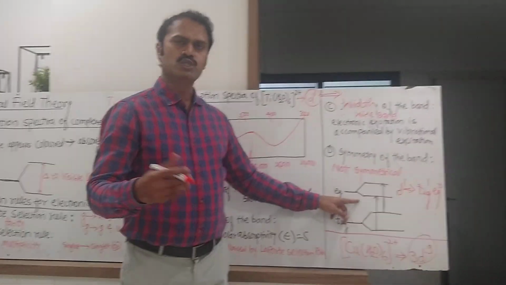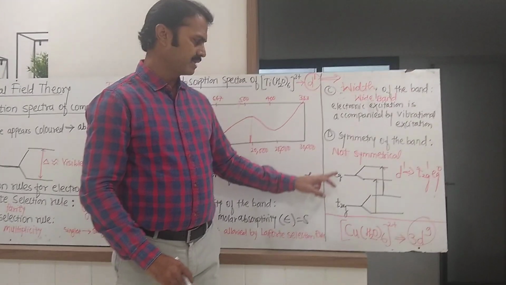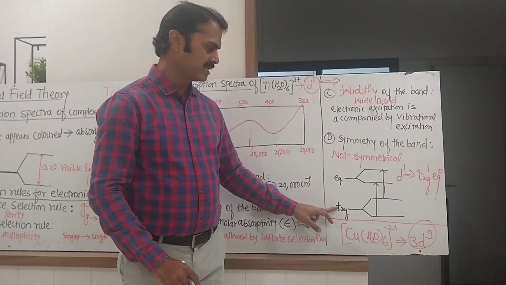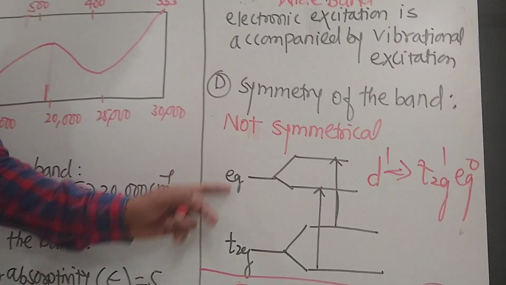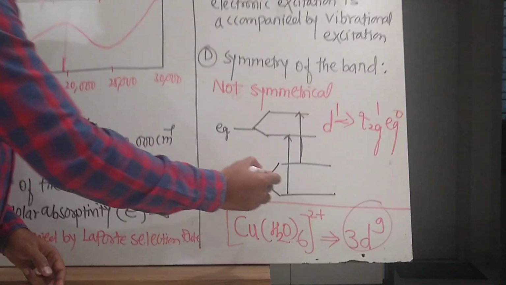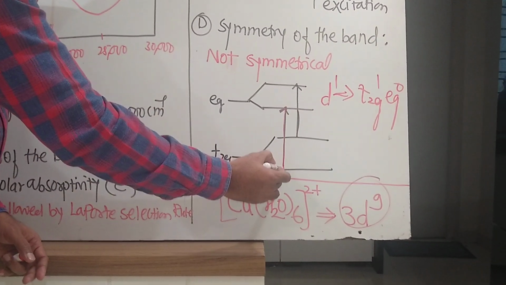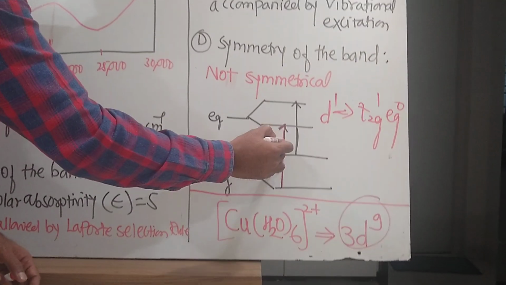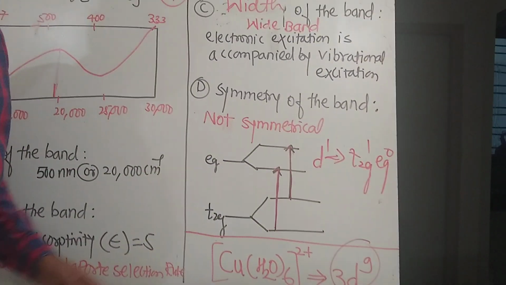the Jahn-Teller effect takes place, and according to it, the eg and t2g orbitals further split into two orbitals. Due to this further splitting, we get two types of electronic excitation: from lower t2g to eg and from higher t2g to eg.